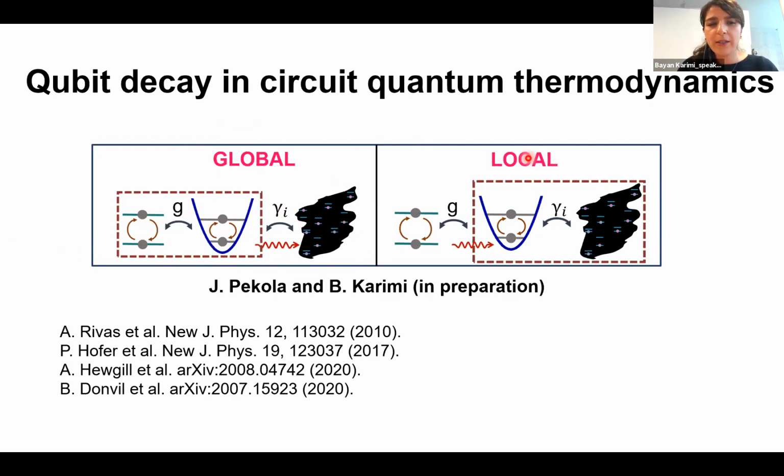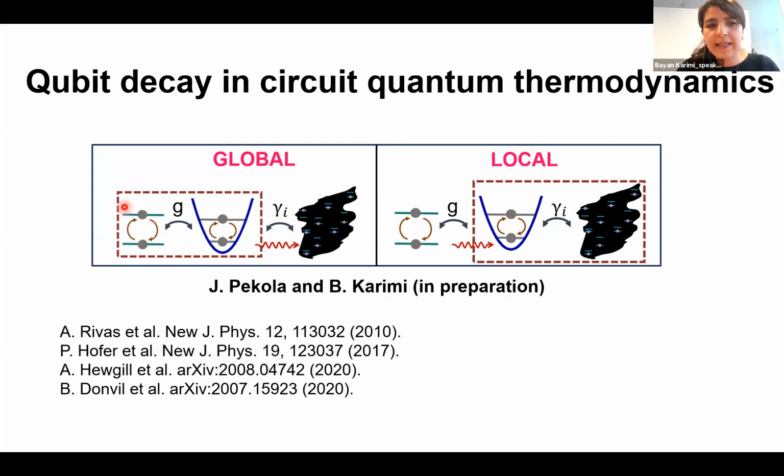Of course, this is a known topic, but what we do differently is that we want to connect this setup to the real experimental setup, and see how it works there.